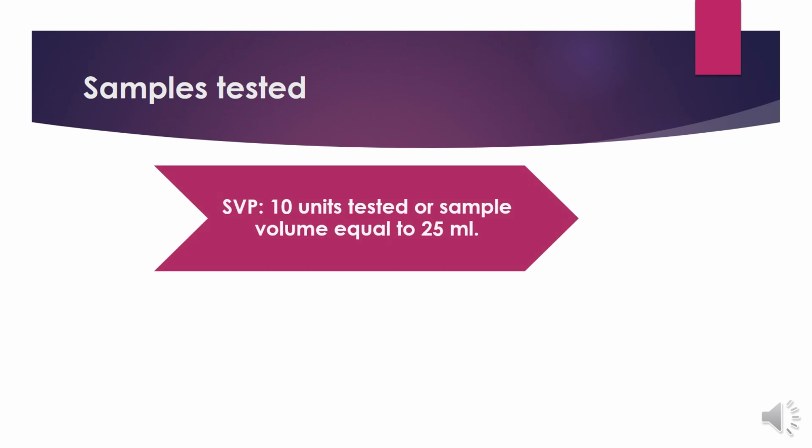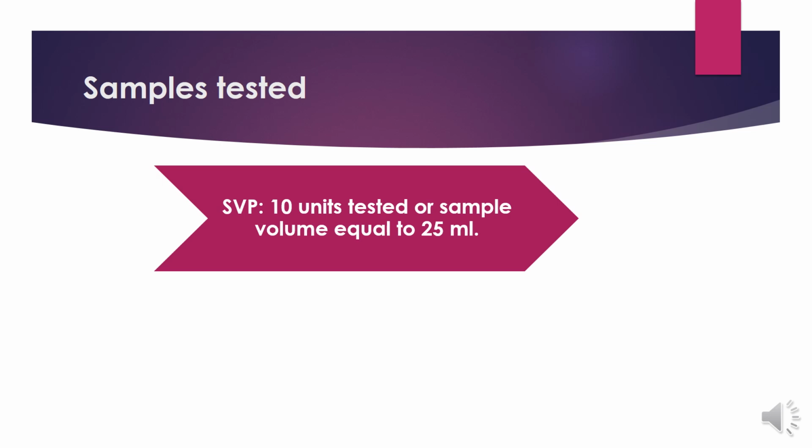The units that are tested while using the light obscuration method or microscopic count method include, for small volume parenterals, usually 10 units, or a sample volume equal to 25 ml.